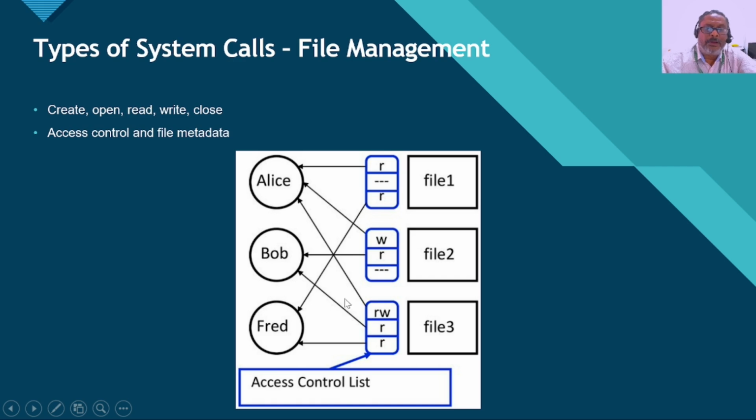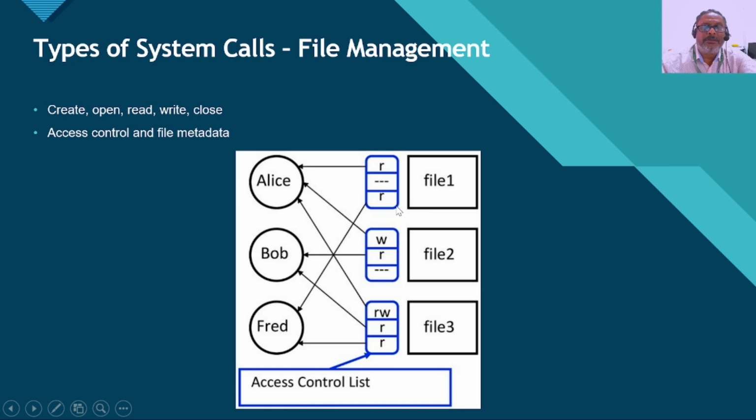Bob can only read but Fred cannot read or write or anything. Same way file 3, Alice can read, write, Bob can only read, Fred can only read. So these are what we call the file metadata, the information regarding who can access the files.